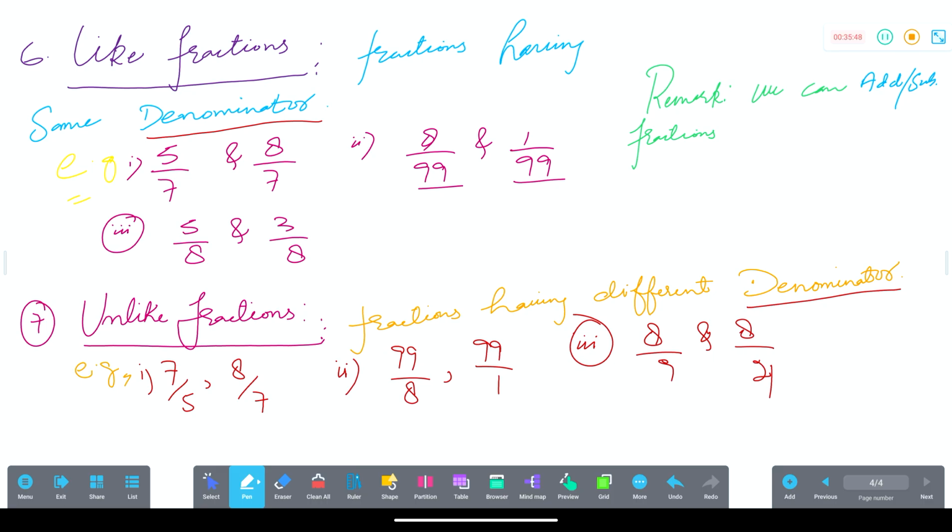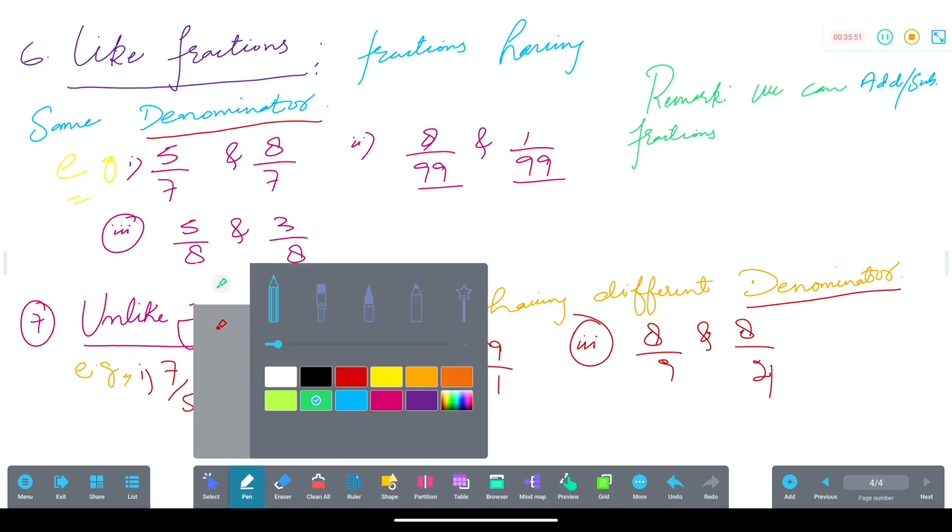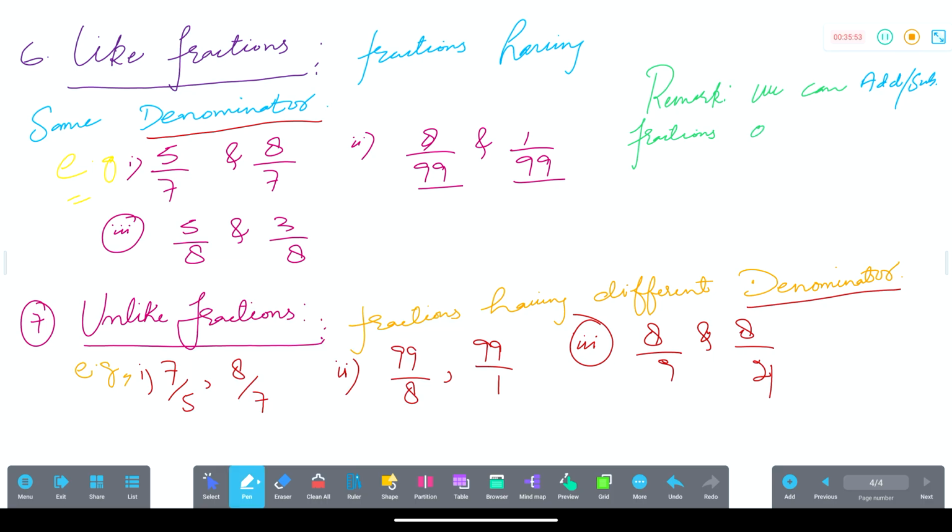We can add or subtract fractions only when they are like.